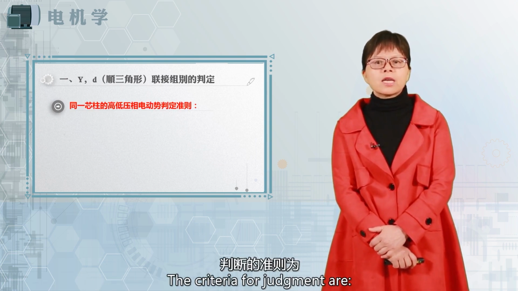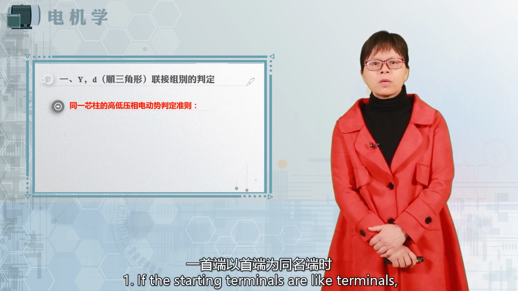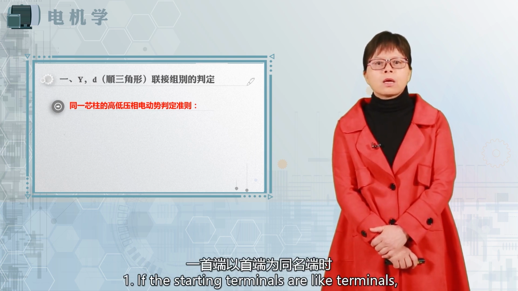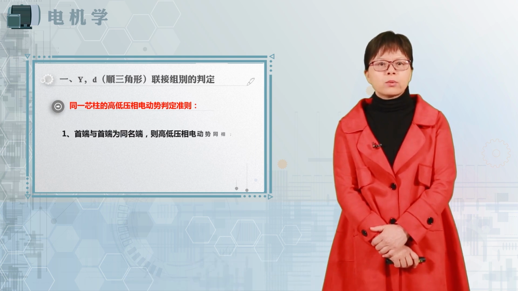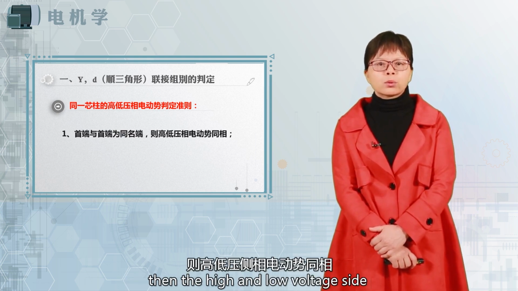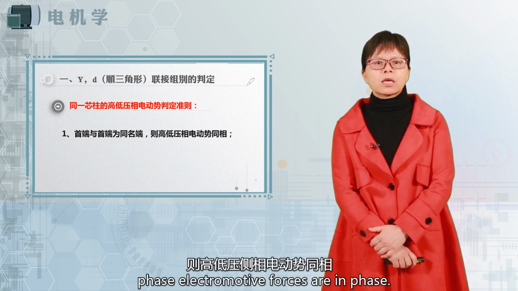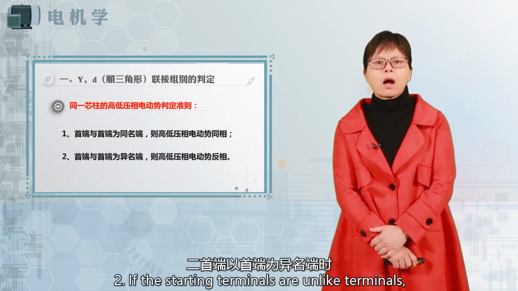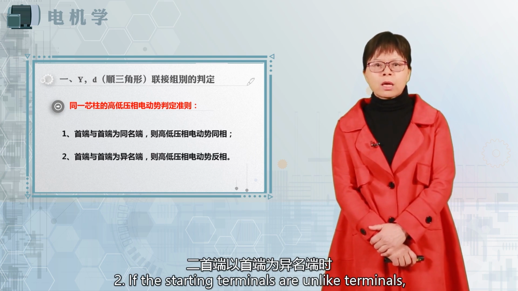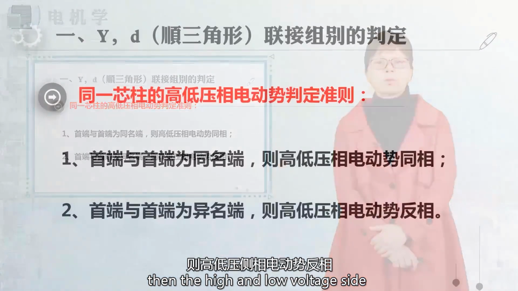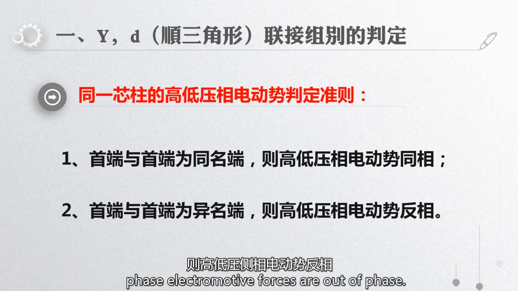The criteria for judgment are: 1. If the starting terminals are like terminals, then the high and low voltage side phase electromotive forces are in phase. 2. If the starting terminals are unlike terminals, then the high and low voltage side phase electromotive forces are out of phase.